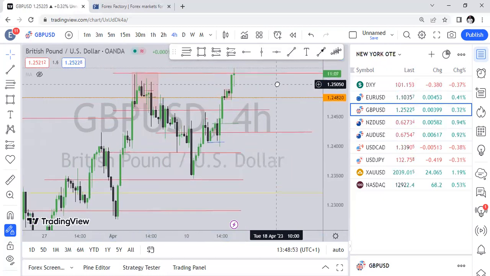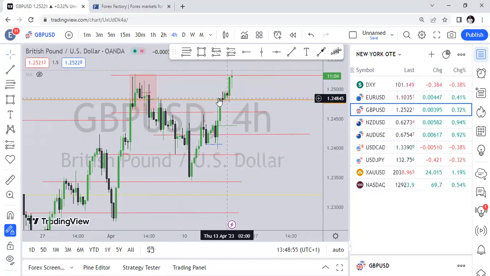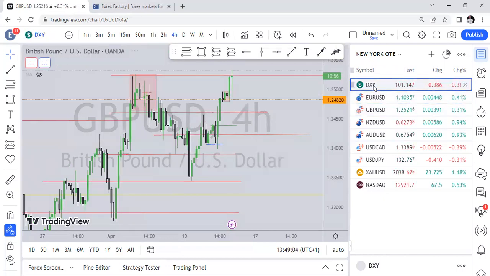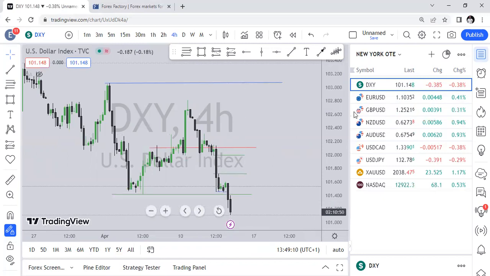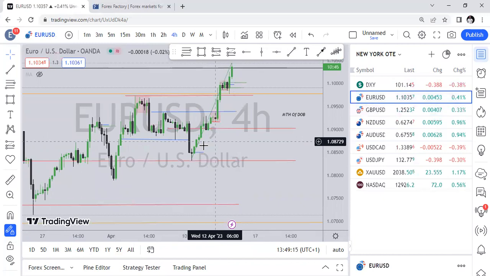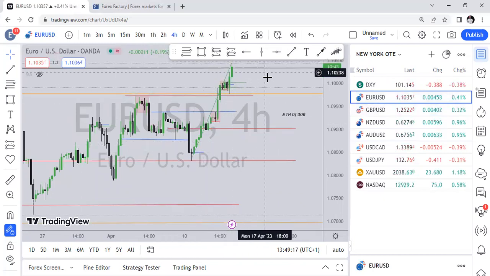The same thing also for the GBP USD. These two pairs move together, and they move opposite of the dollar. The dollar sold off throughout the week, so we see these two pairs doing the opposite of what the dollar was doing.